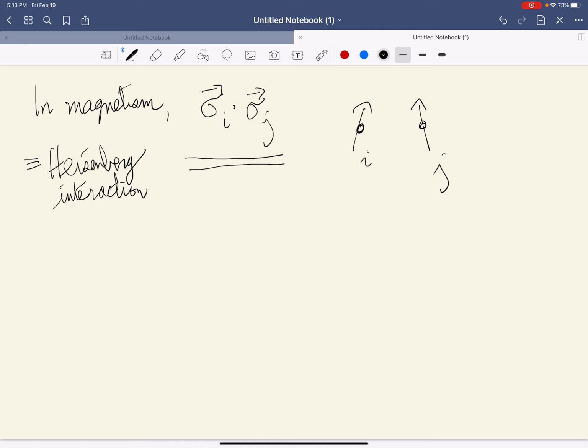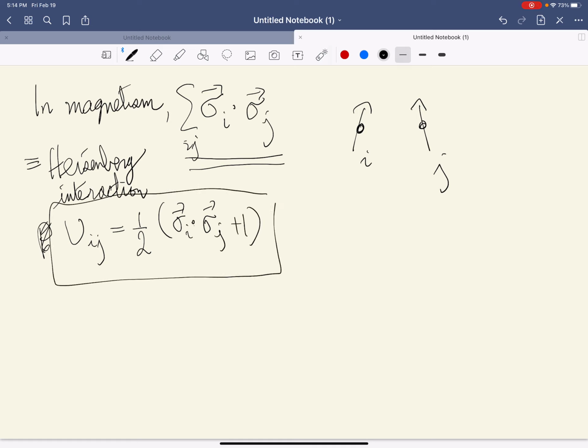And so this is a very important kind of interaction in solid state physics, but it also turns out that this has an interesting identity to a swap operation by this mathematical identity, which I have just proven.